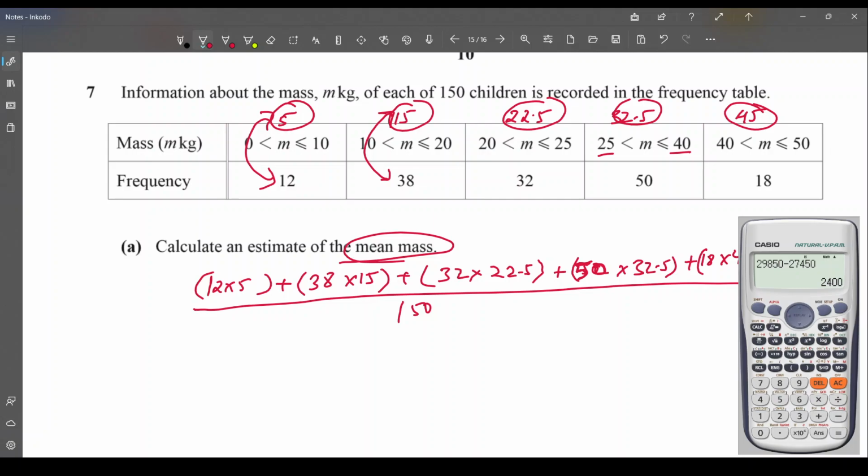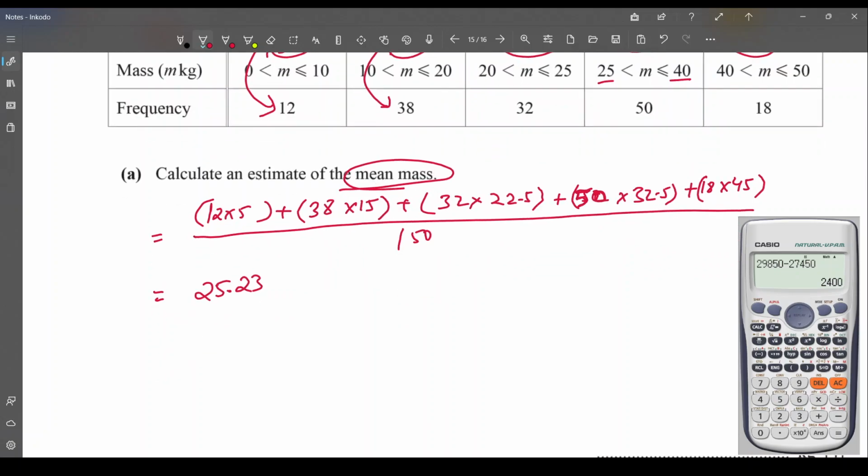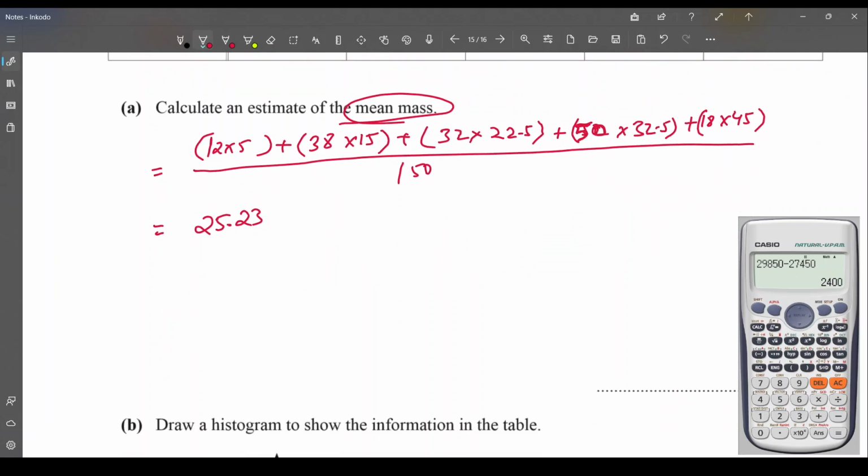We can use our calculator to multiply these things, and if we multiply and divide by 150, we'll get approximately 25.23. So that will be the mean mass.